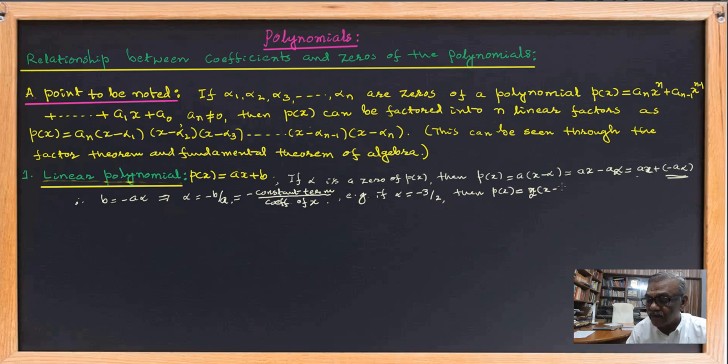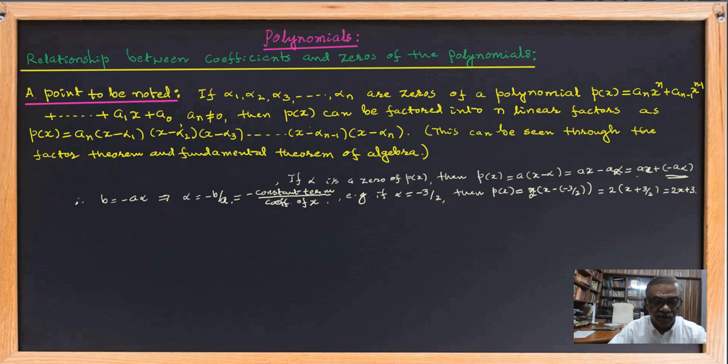Alpha is here minus 3 by 2, so this can be written as 2 into (x plus 3 by 2), which gives us 2x plus 3. So given a zero, we can find the polynomial.